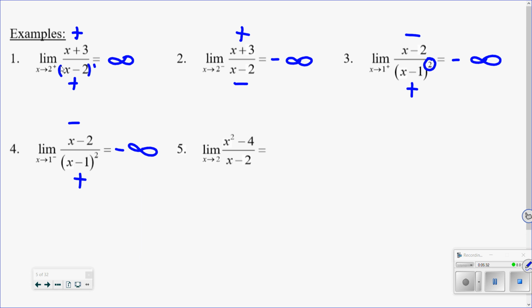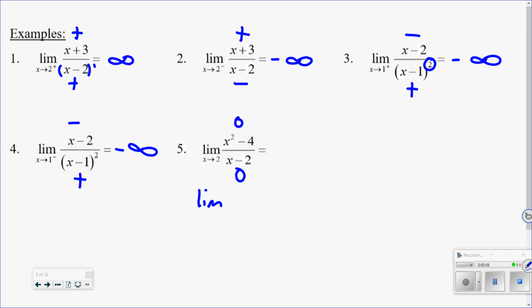Okay, number 5, x squared minus 4 over x minus 2. Make sure that you're careful and we don't automatically assume that just because we get a 0 on the bottom, we're going to get a vertical asymptote, right? If I plug 2 in, I get 0 on top and 0 on the bottom. Remember, that's an indicator that this is not a vertical asymptote, this is a hole. And let's just double check, let's see if we can simplify it.